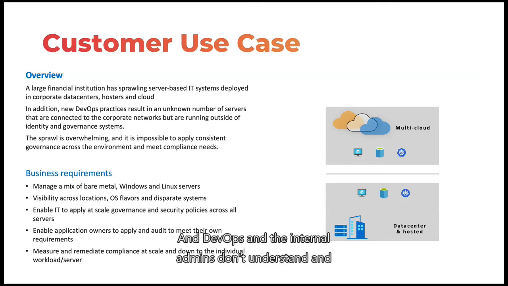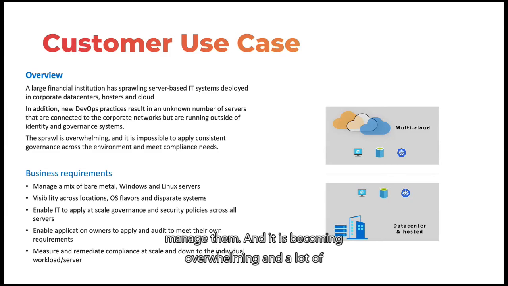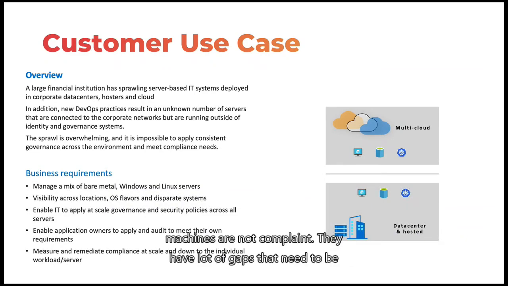And DevOps and the internal admins don't have a handle on how many servers are actually running in this organization and how to manage them. It is becoming overwhelming, and a lot of infrastructure resources like VMs and bare metal physical machines are not compliant.